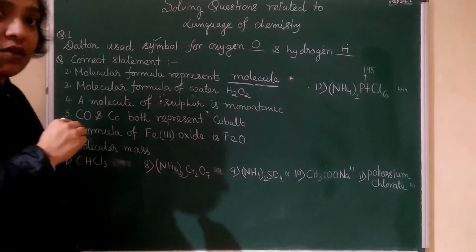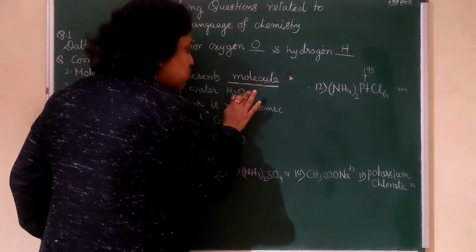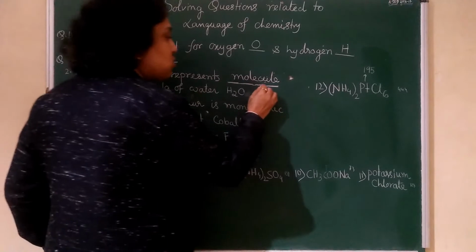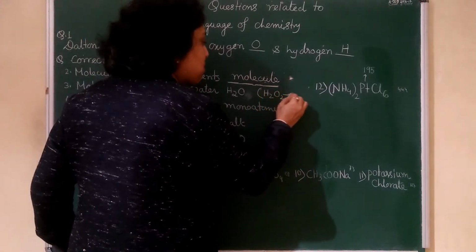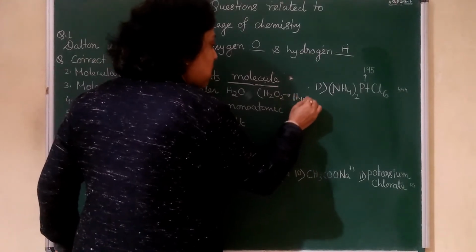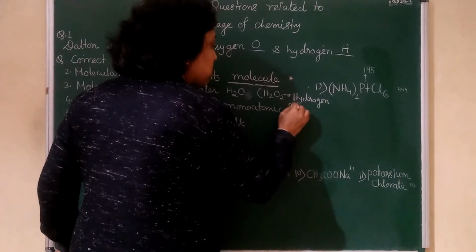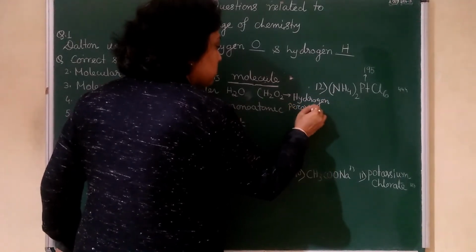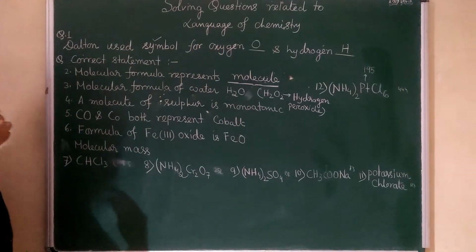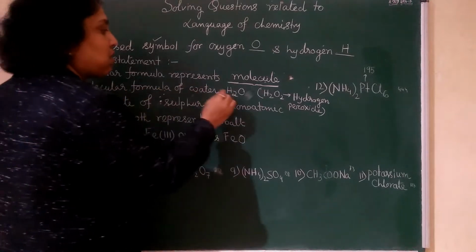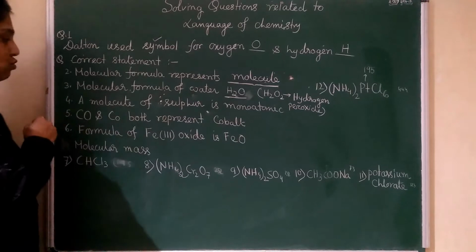H2O2 is not the molecular formula of water. The molecular formula of water is H2O. Then what is H2O2? You should also know that H2O2 is hydrogen peroxide. So the correct statement we have to write here is H2O.